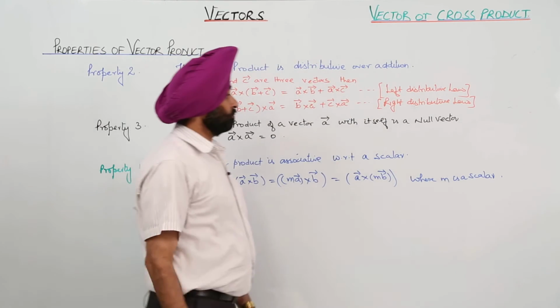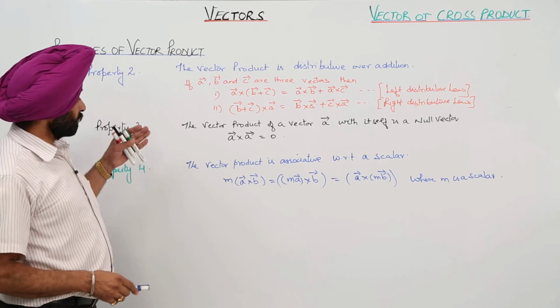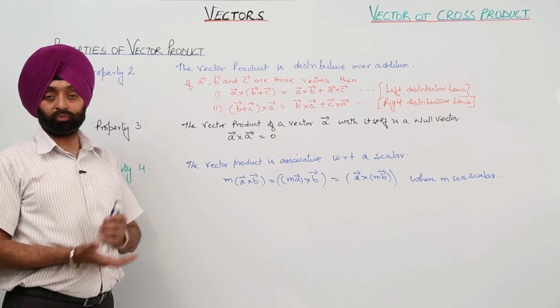So these are the 4 properties. Property number 1 we have described, property 2, 3 and 4. So total 4 properties we have.